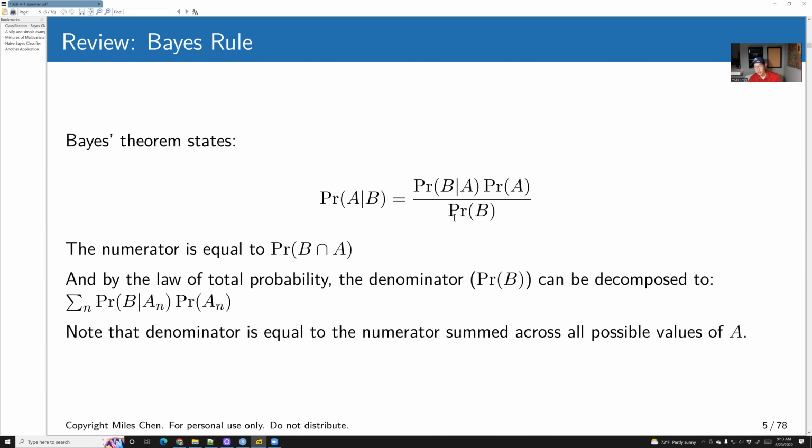We can expand this denominator, the probability of B, using kind of the law of total probability.